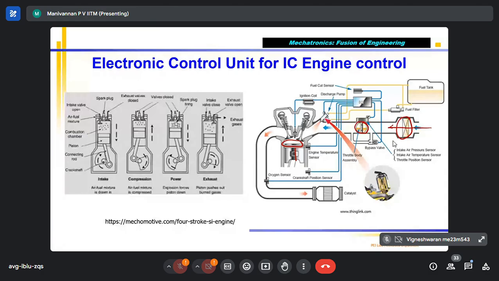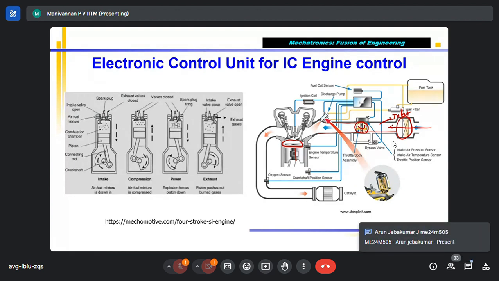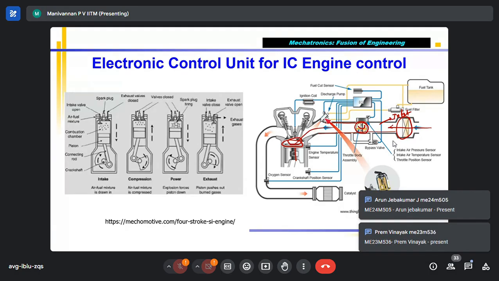When the valve opens, please note that this is called the inlet manifold, a long pipe. Here it is shown as a straight pipe, but actually the pipe is a little twisted, so that the air coming inside the combustion chamber swirls.